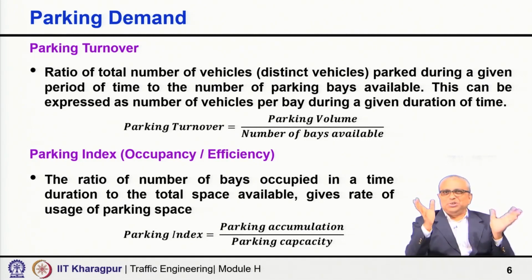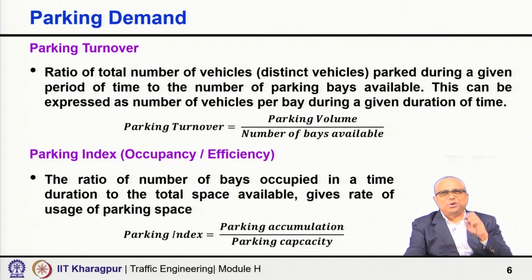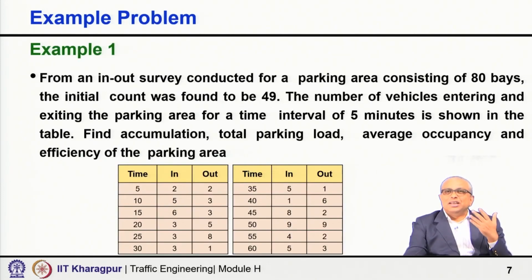Fine. So, you have got a clear understanding of all these basic terms or terminologies. With this, let us take two example problems. First is, from an in-out survey conducted for a parking area consisting of 80 bays.